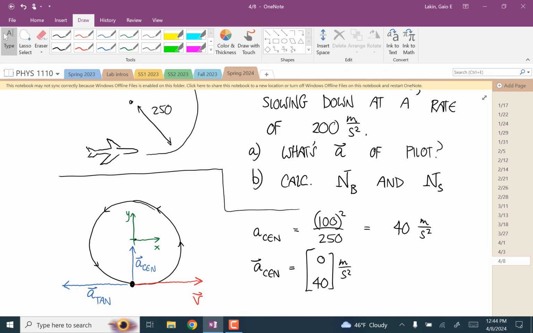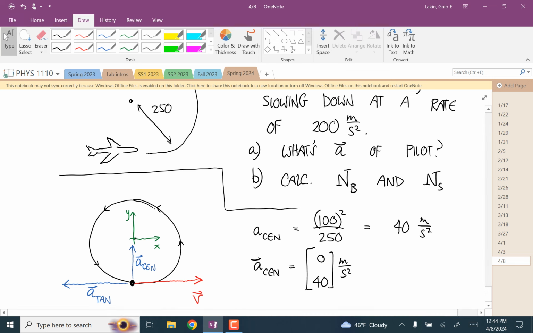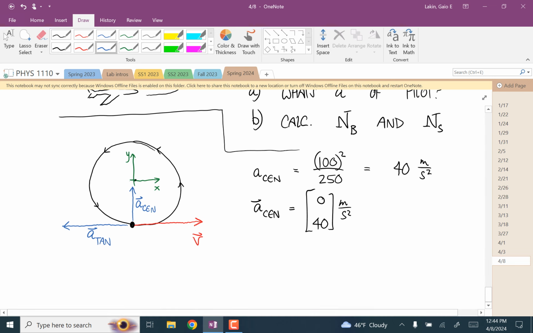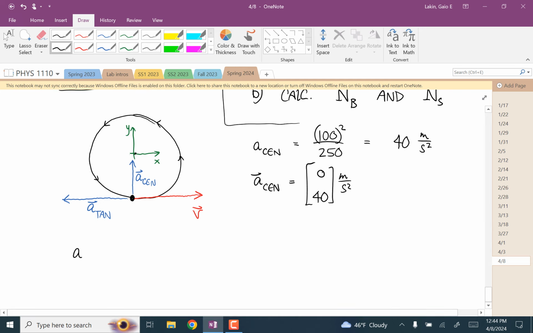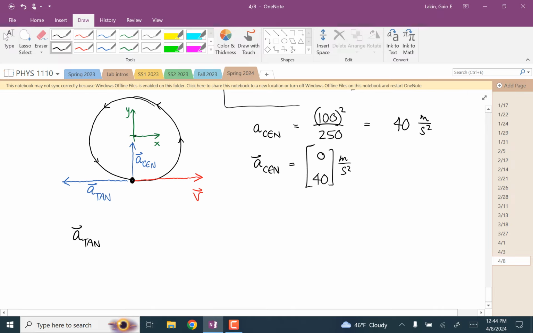We're given the magnitude of that tangential acceleration. So all we're using this picture for is to figure out the components. Tangential acceleration is in the negative x, and its magnitude is 200.